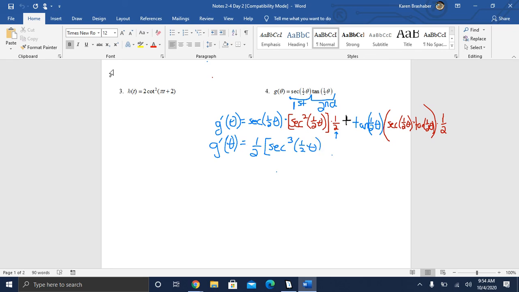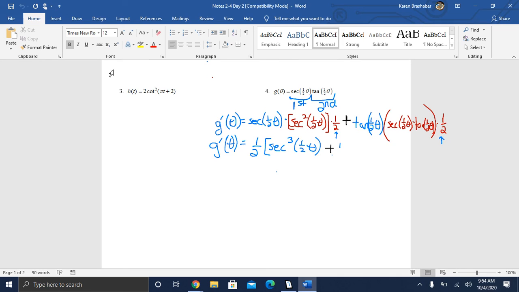And then our second part, after the plus sign, we have this tangent of theta. We have two of those, so we could put that together. We also have another 1/2 that we could bring out into the front.